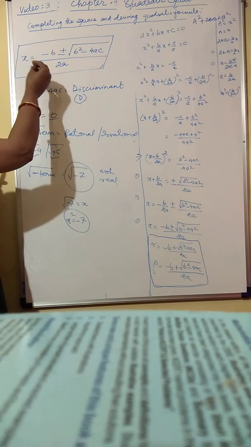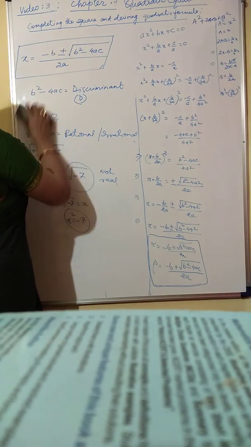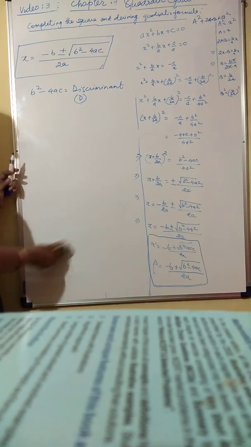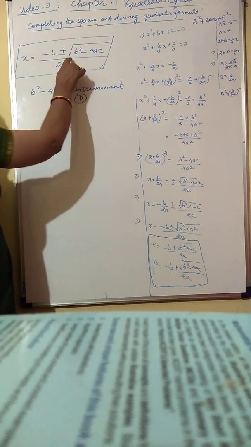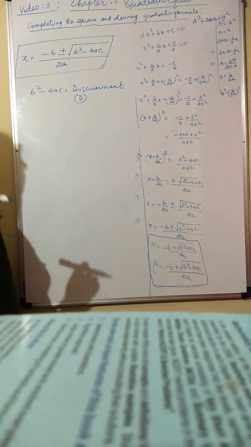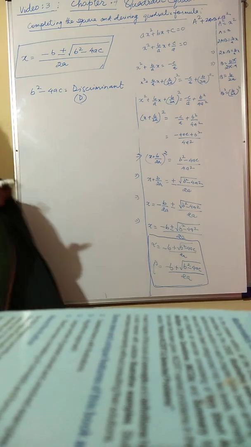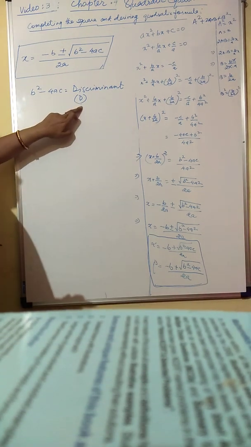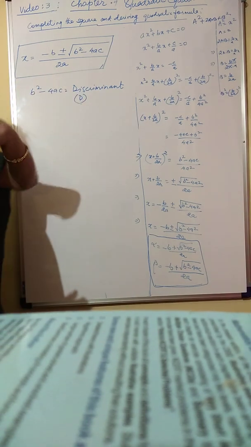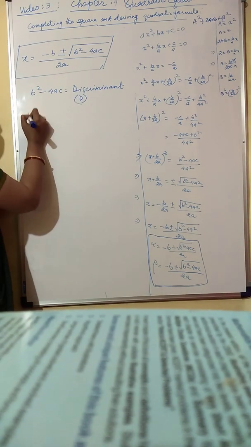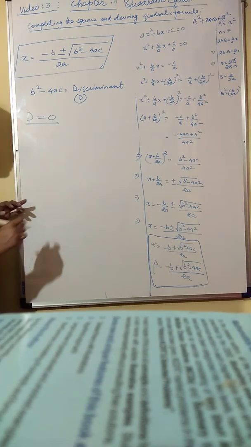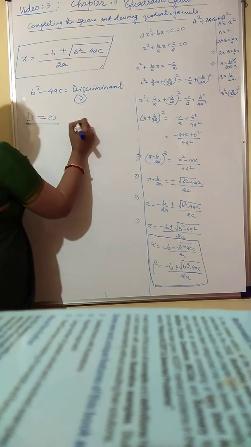Because you have an under the root value in the solution, there are three different results you can derive depending upon the value of the discriminant. So what are those three different values? Just now we discussed that the value of d can be equal to 0. If it is 0, what is x equal to?